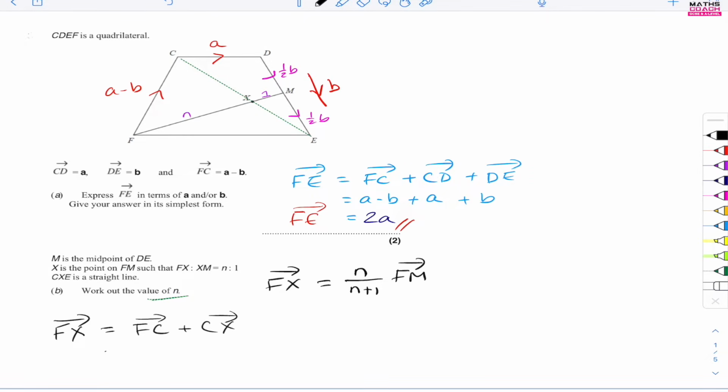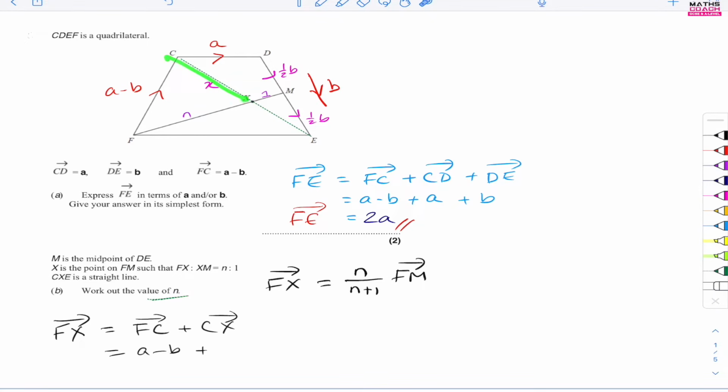So now the question arises, we know what FC is, which is A minus B, F to C, but we don't know what C to X is. We don't know what part of this it is, we don't know the ratio that it's been divided into. Because we don't know the ratio, we can give this a letter, an unknown. A classic unknown that mathematicians like to use is the symbol lambda, but I'll make it more simple and use an x. This is an x portion of the total.